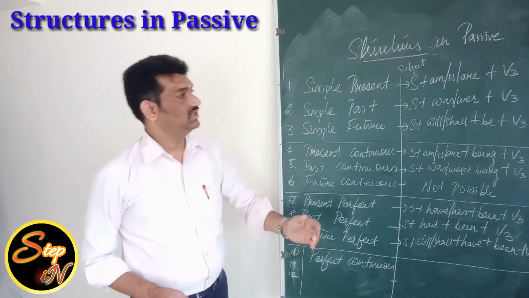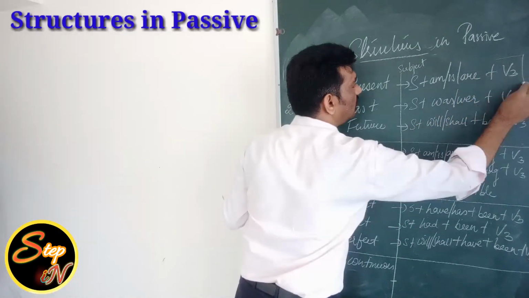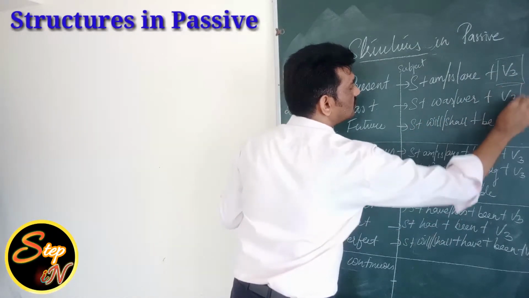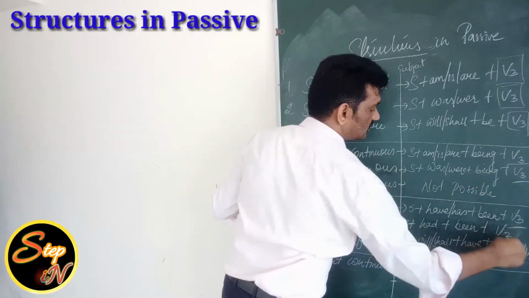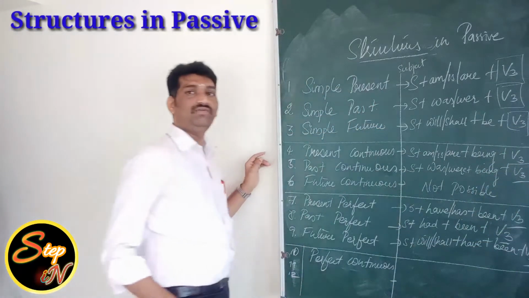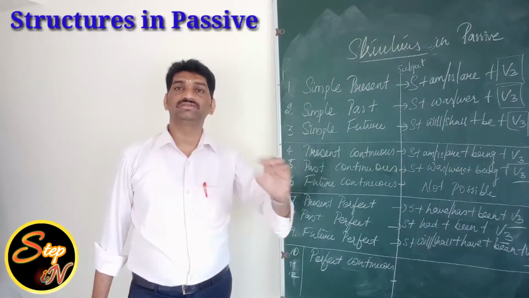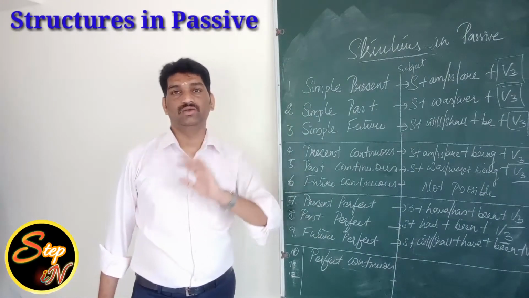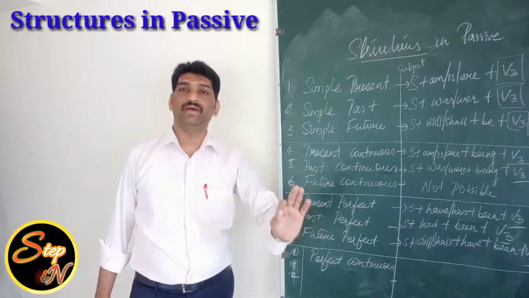So now we can see one thing very clearly for all the tenses: we have verb 3, no other different words. That is the first identification we must have while identifying whether the sentence is in passive voice or active voice. If these structures are followed, then it is passive voice.